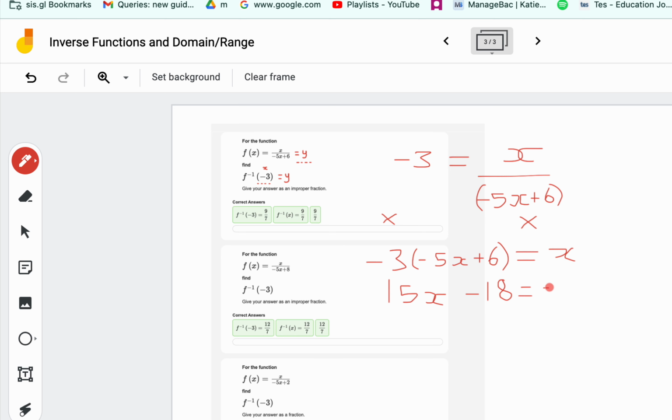And all we need to do is rearrange this so we have the x's on the left, so 15x minus 1x is 14x, and then 14x minus 18 equals 0, so we're going to put the -18 so it becomes positive 18, and then last but not least we're going to have x is equal to 18 over 14. In this course you can leave your answer as an unsimplified fraction, that's absolutely fine, but ideally you would simplify it if you've got time, which would be 9 over 7.